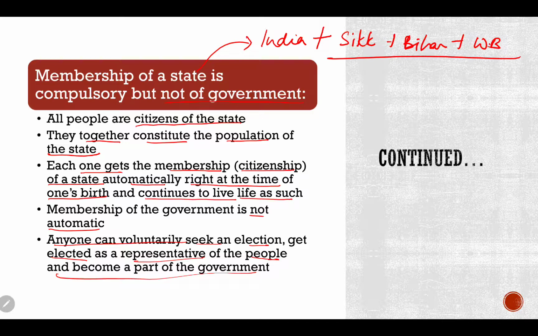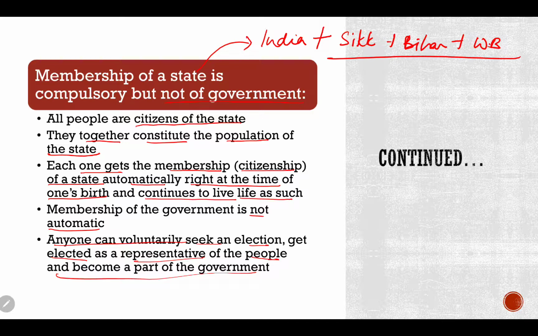It's very simple. If you want to become a member of government, one should volunteer, get a ticket and get elected. He should win the election and represent the political party from a certain area, then he becomes part of the government.